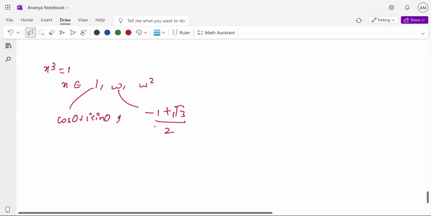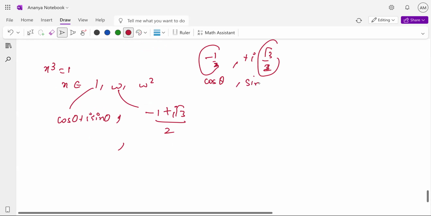So minus 1 by 2 can be written as cos of some theta, and root 3 by 2 as sine of the same theta. Any theta which has cos as minus 1 by 2 and sine as root 3 by 2.